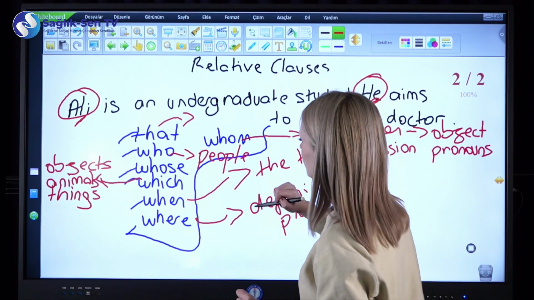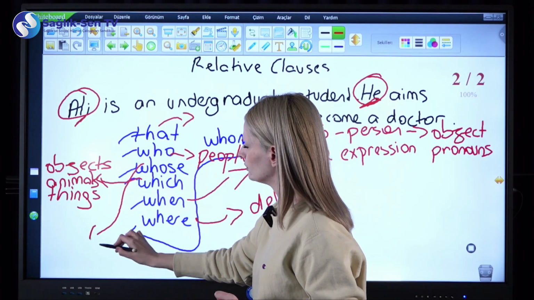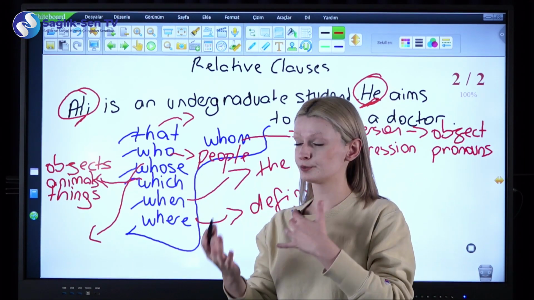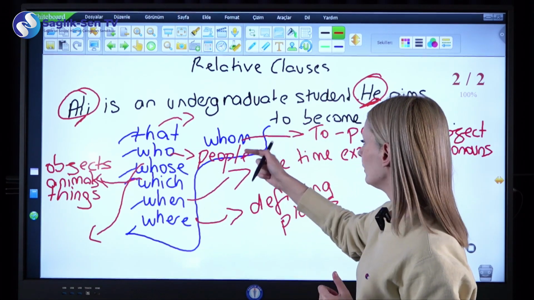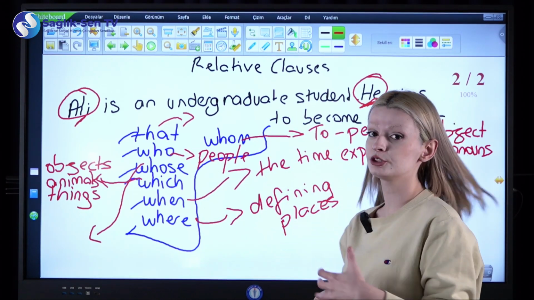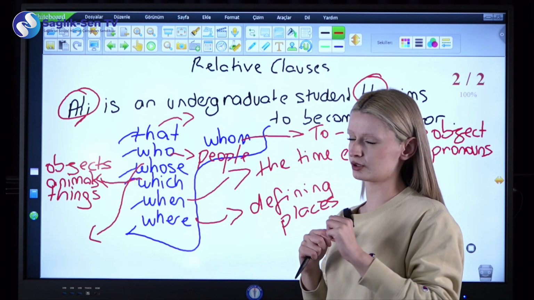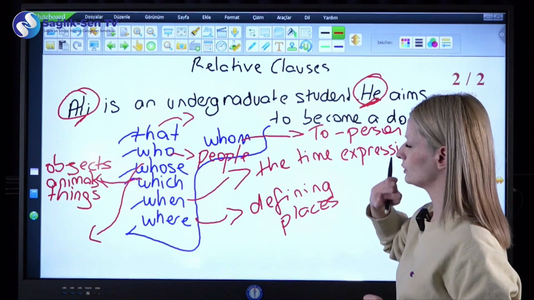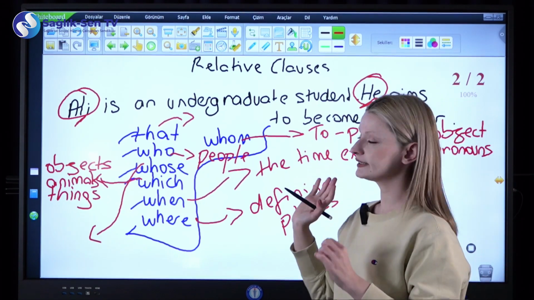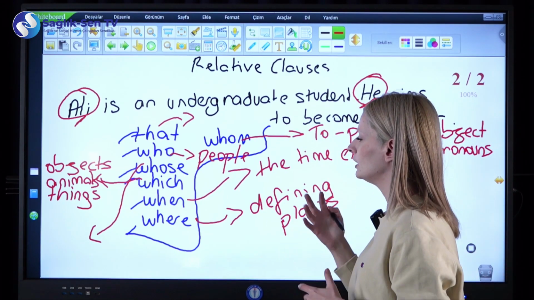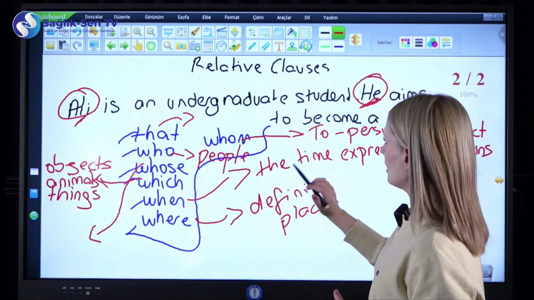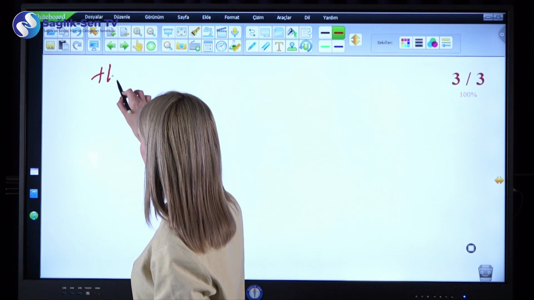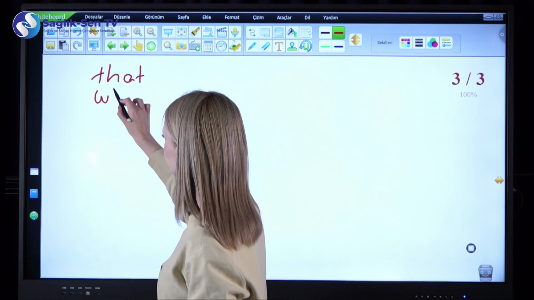For example, when we're talking about whose, we're talking about possessive adjectives, possessive pronouns, and when we're talking about whom, we're talking about object pronouns to shorten them. So, this is a bit complicated. I will do a better scheme, but this is practically how we use it. So, let's start with their uses.